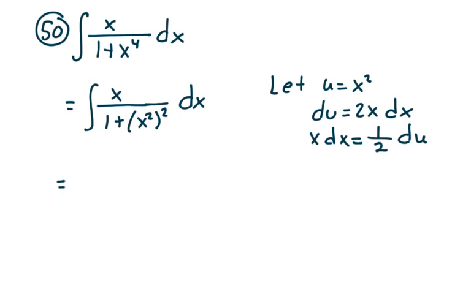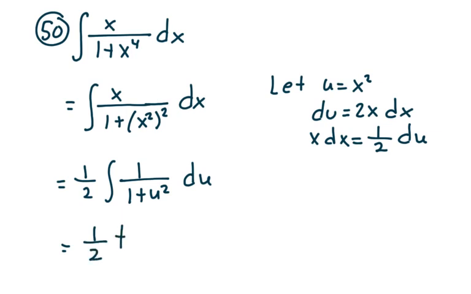And so this is 1/2 the integral of 1 over 1 plus u squared du, which is 1/2 arctangent of u plus c. But remember that u equals x squared.